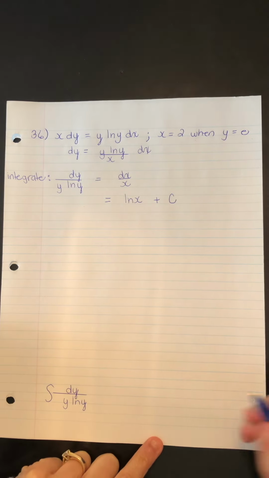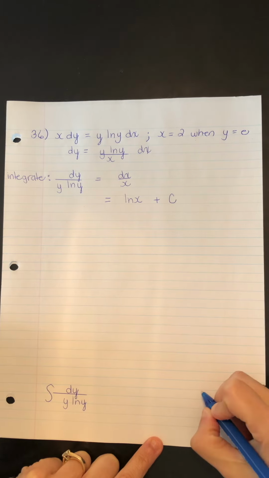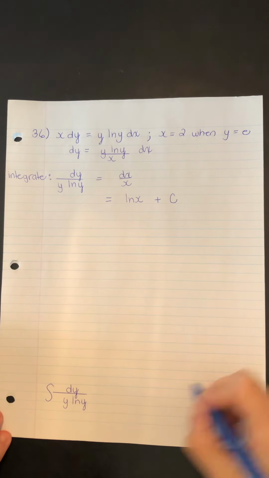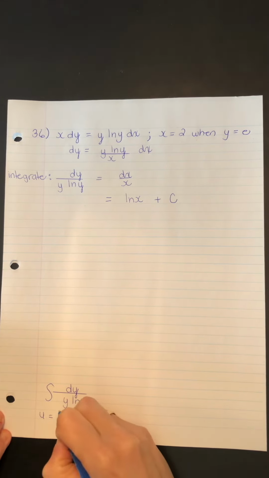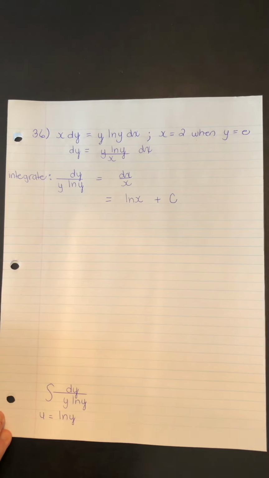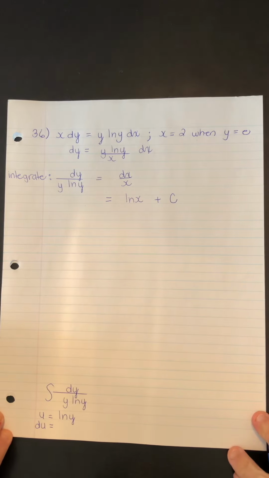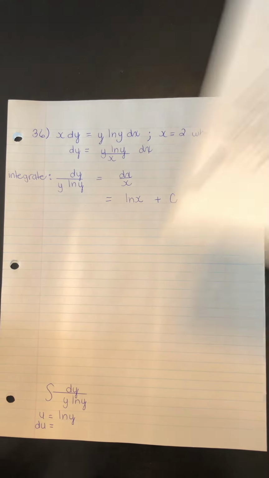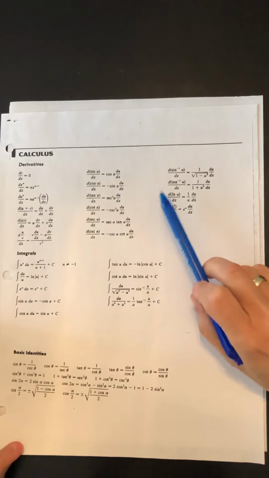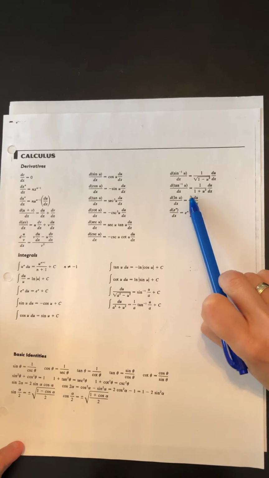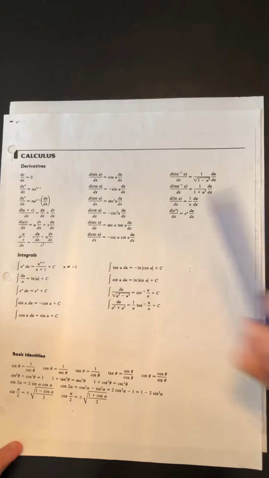So the really only other option is to allow u to be the ln of y. If u is the ln of y, then du is the derivative of the ln of y, and the derivative of the ln of y is 1 over y.